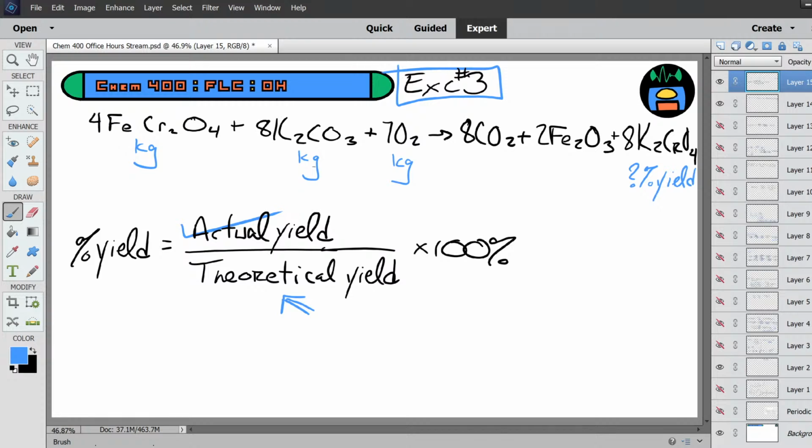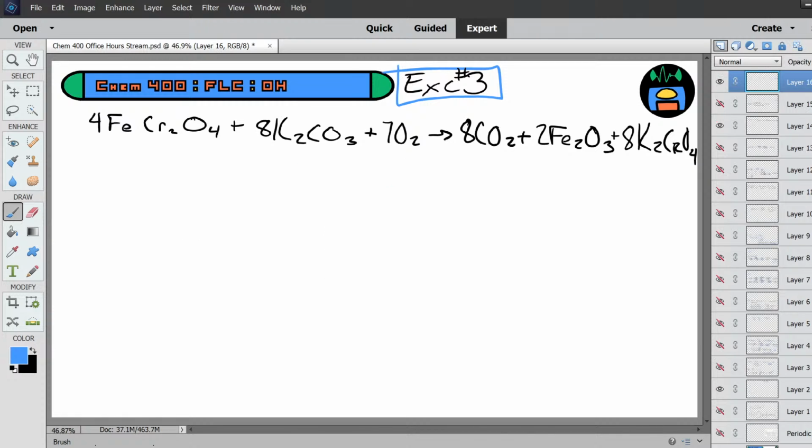So to get there, I'm going to use different numbers than they do in this problem. I'm going to change the numbers ever so slightly, but we'll be able to do the calculation all the same.